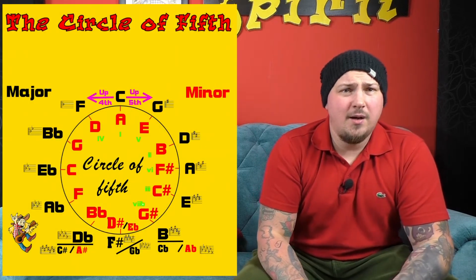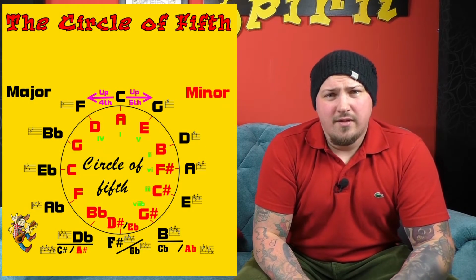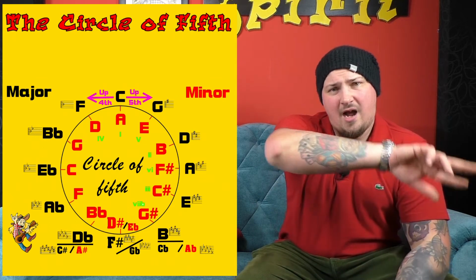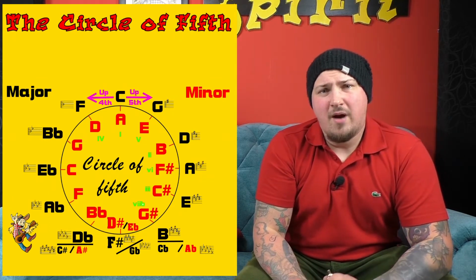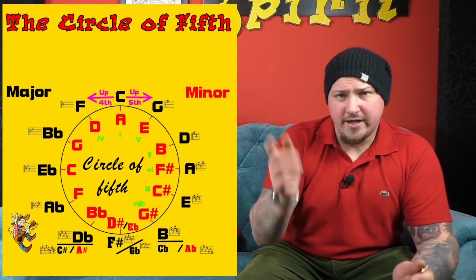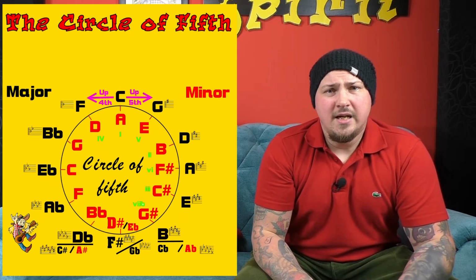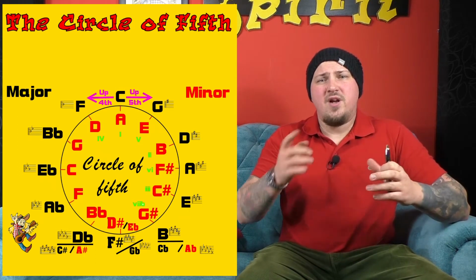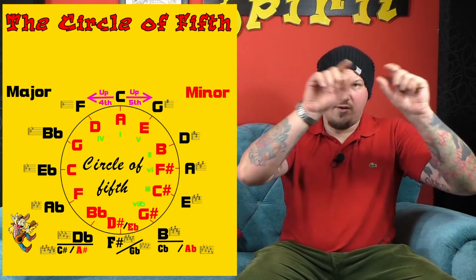Okay. The most common circle of fifths you can find is this one. The keys of the major scales are on the outside and the keys of the minor scales are inside the ring. It's every time the relative minor to the outside.